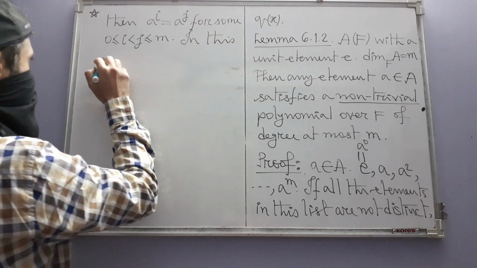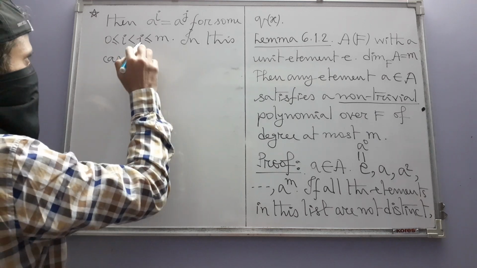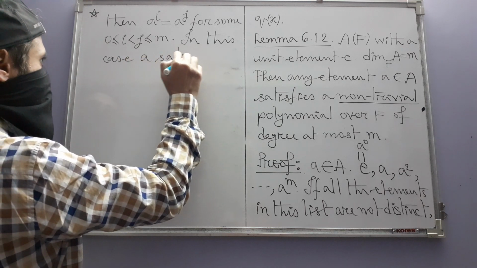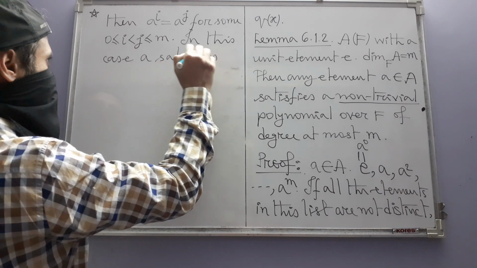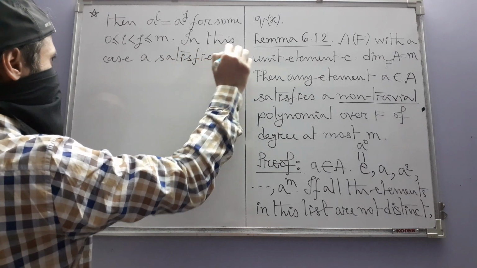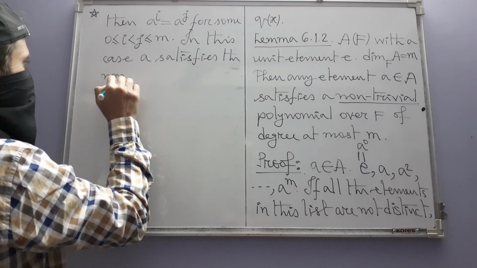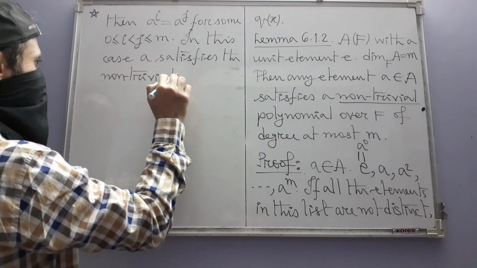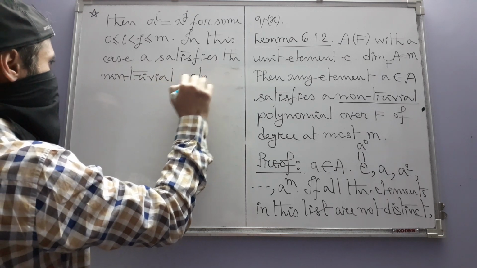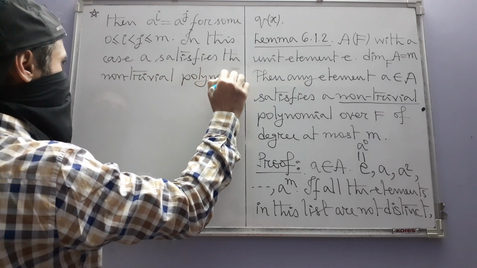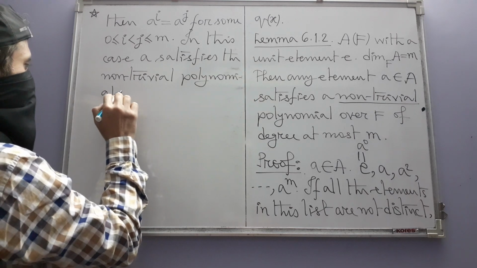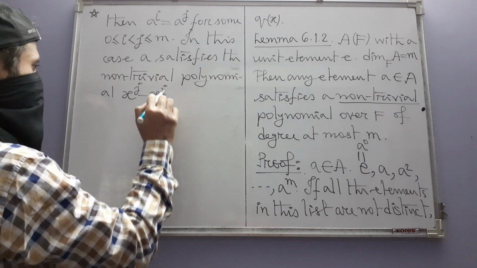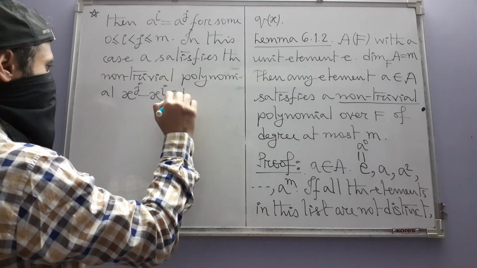In this case, A satisfies the non-trivial polynomial x to the power j minus x to the power i.